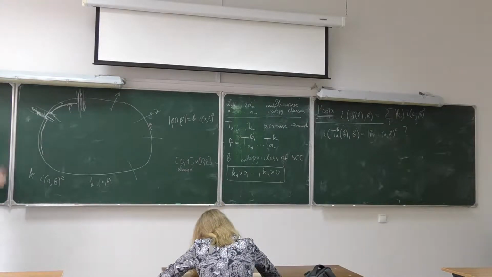Assume that a bigon exists. This bigon is formed by an arc of beta and an arc of beta prime. Which arcs of beta do we see here? Let us start with beta, it is easier.